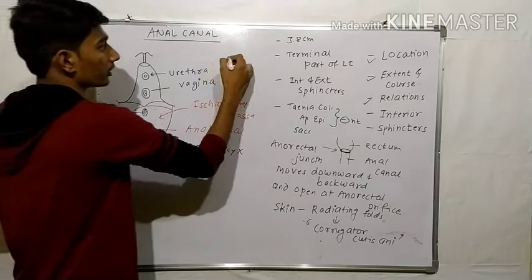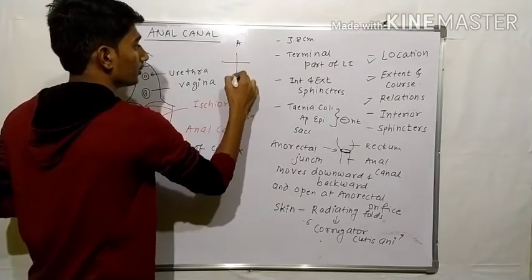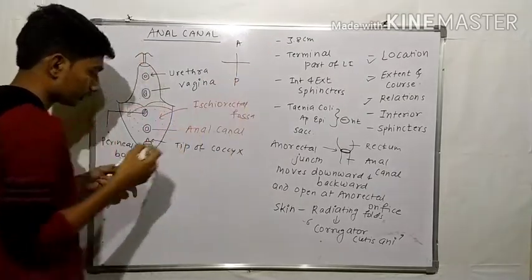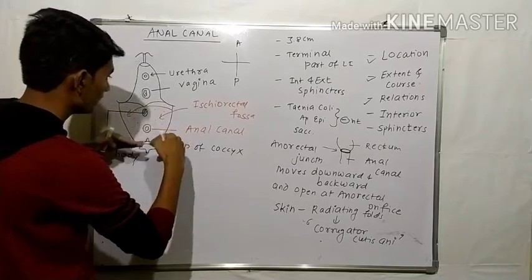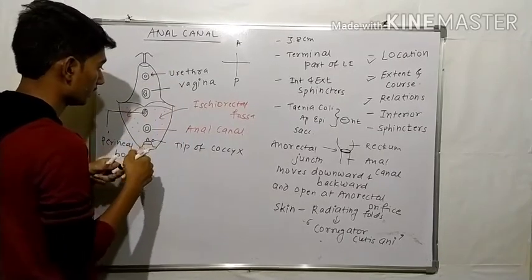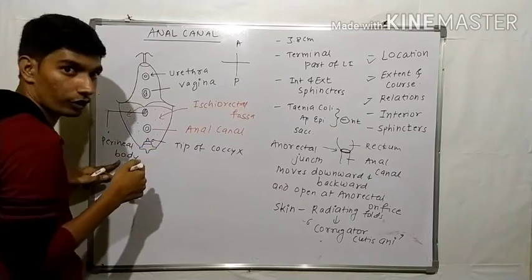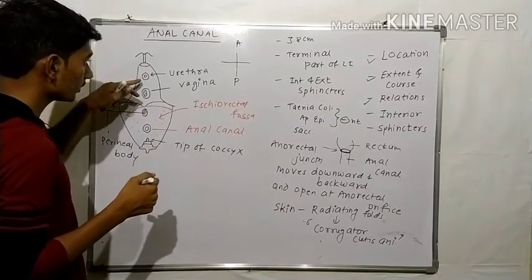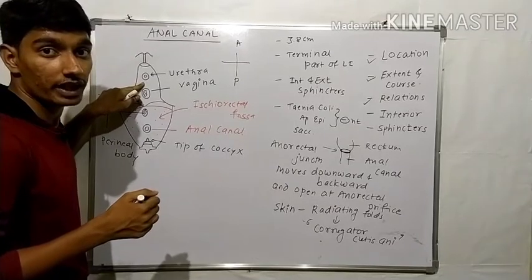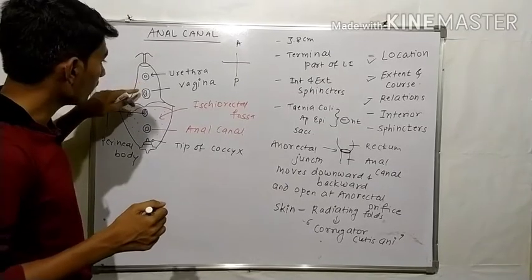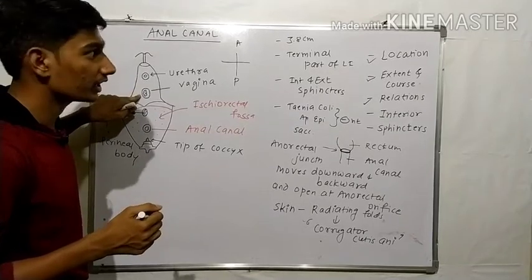The anal canal is anteriorly related to the perineal body, urethra, bulb of penis and spongy urethra in male, and lower part of vagina in female.